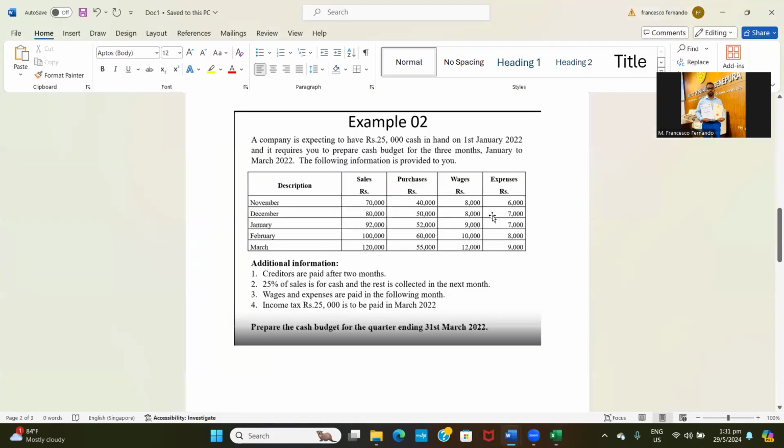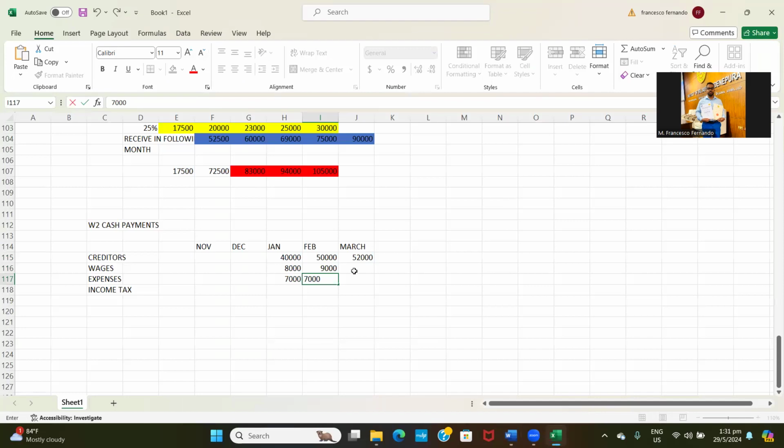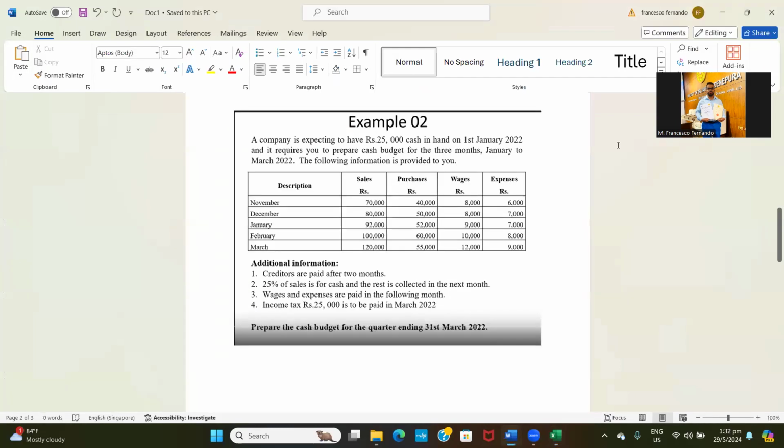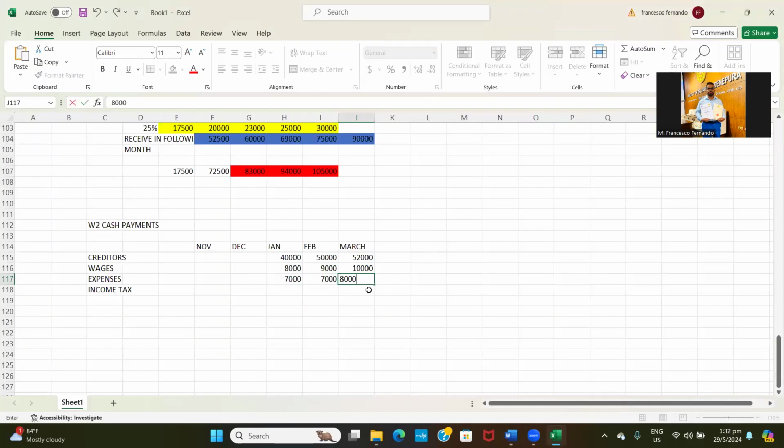Then if it comes to February, 10,000 and 8,000 will be paid in the following month, which means March. 10,000 and 8,000. And at last, the question said the income tax for March, 25,000, is to be paid. So here 25,000.